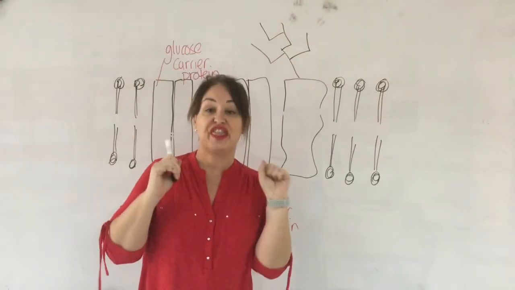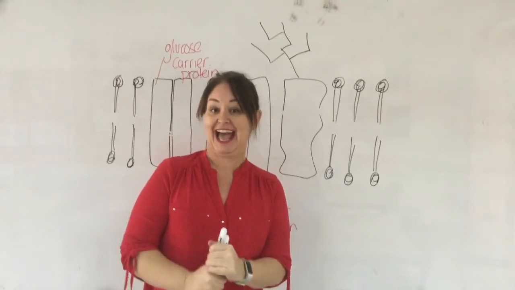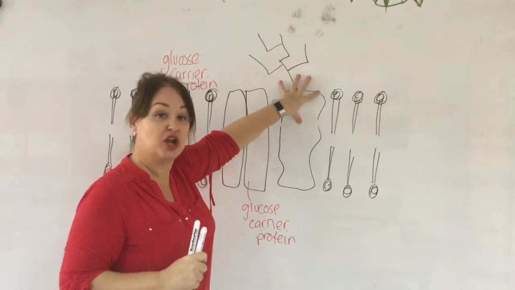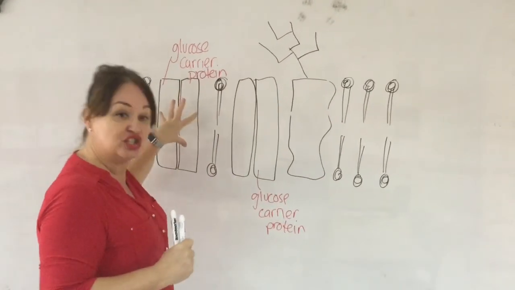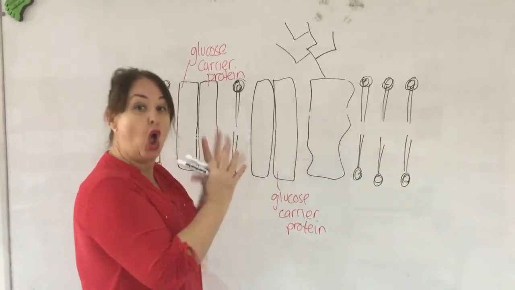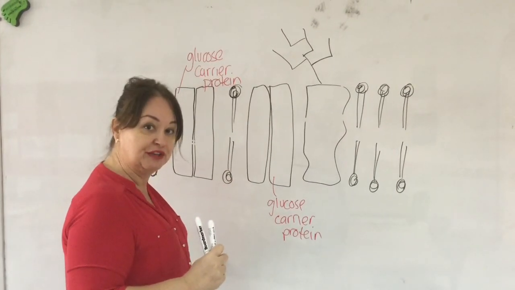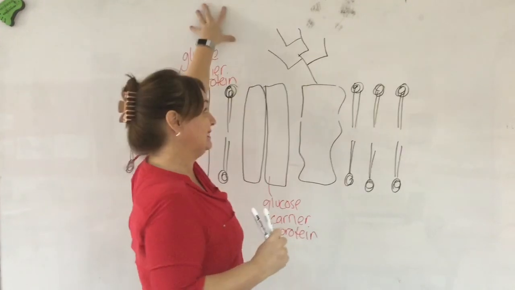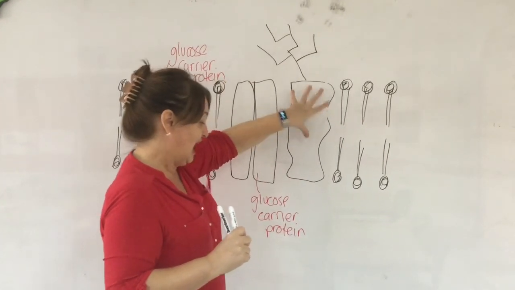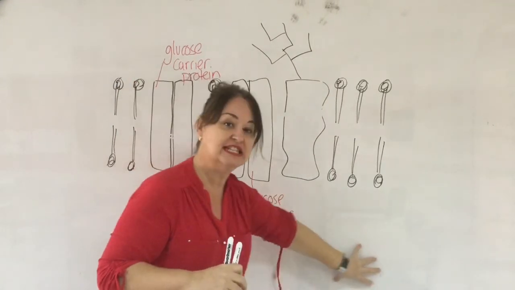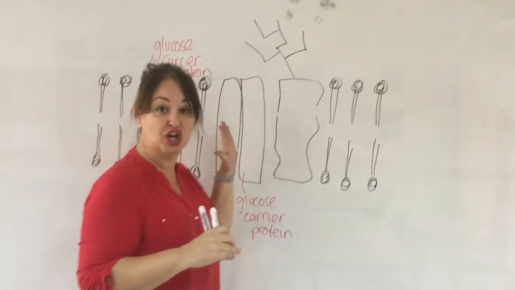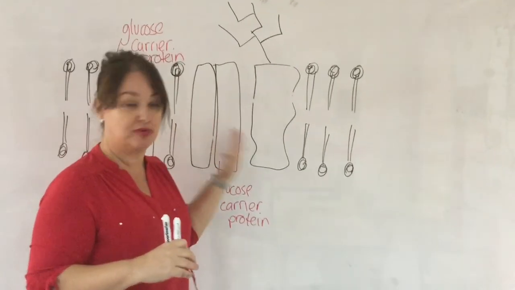So let's have a look at the third effect that insulin has in the cell. We've talked about insulin combines with the glycoprotein, and it changes the shape of other carrier proteins in the membrane, opening them up to allow glucose to move in. We've talked about insulin having an impact here, complementary, and what that does is it causes vesicles from inside the cell to move and fuse and increase the number of glucose carrier proteins.